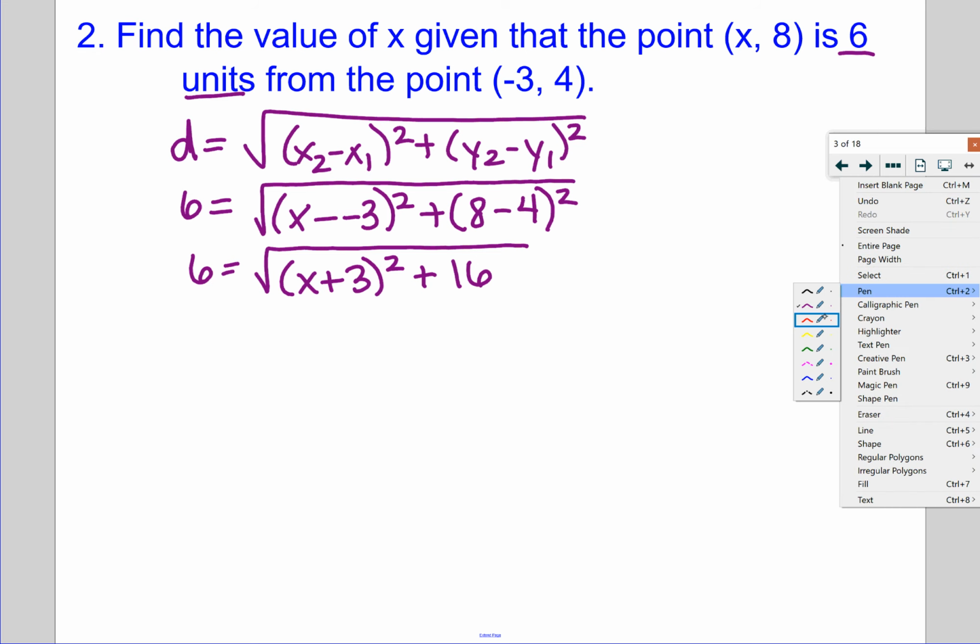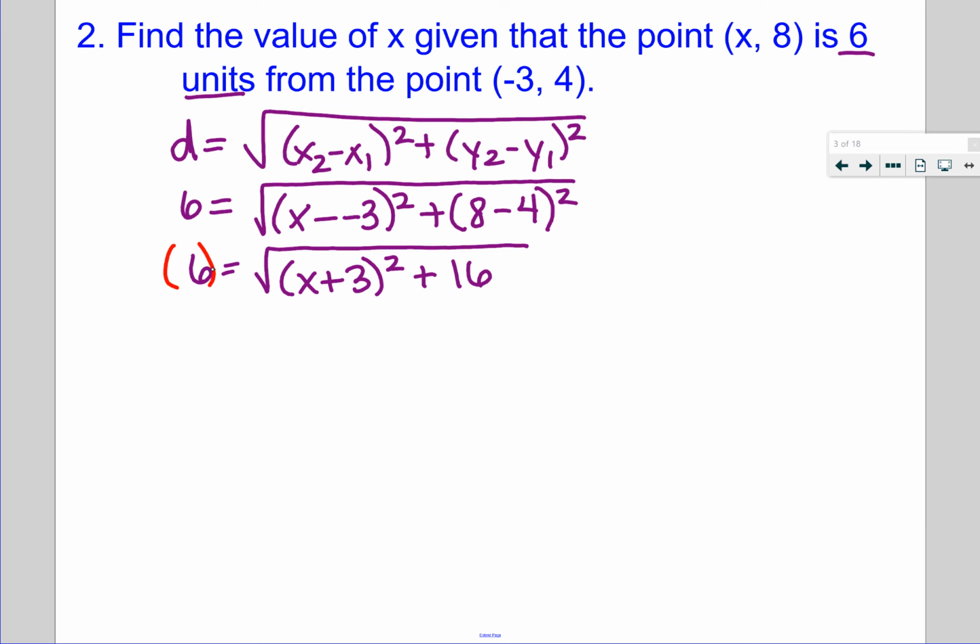Next, to solve for x, we're going to need to get rid of my square root. So to get rid of my square root, I'm just going to square both sides of this equation. 6 squared is going to give me 36. Then over here I have (x plus 3) squared plus 16. Now one way you can solve this problem is you can FOIL, but you don't have to FOIL in this problem because you only have one x right now and it's already in this nice factored form for you.